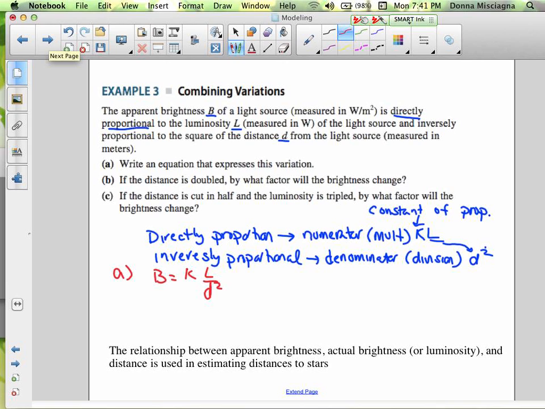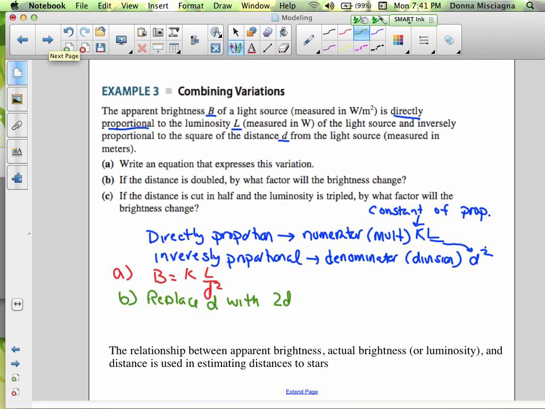If the distance is doubled, by what factor will the brightness change? All right, if we're doubling the distance, we're going to replace D with 2D, right, because our distance is doubling.